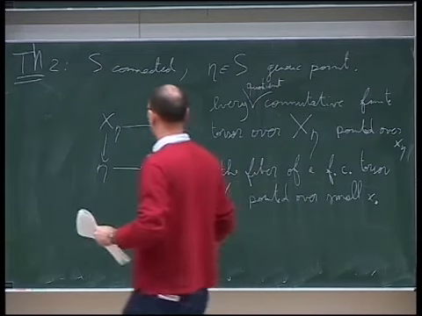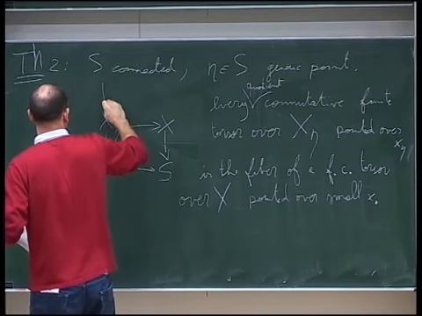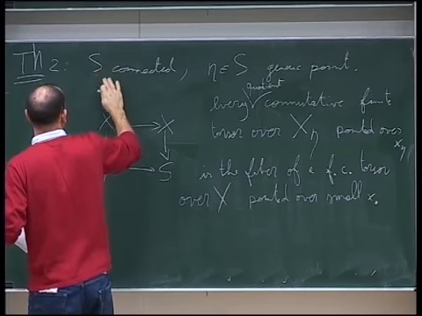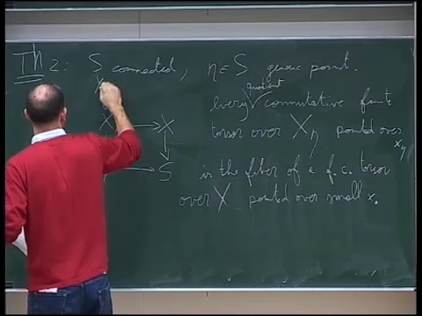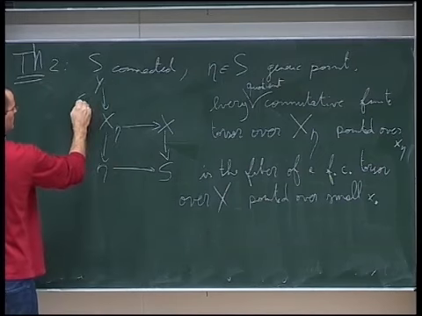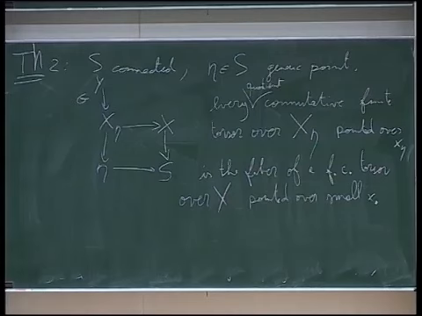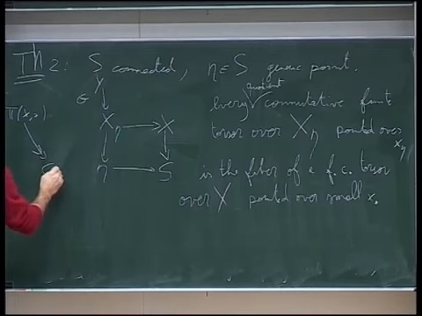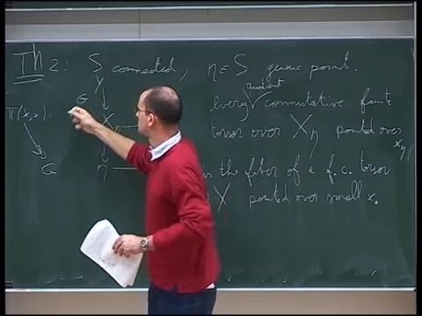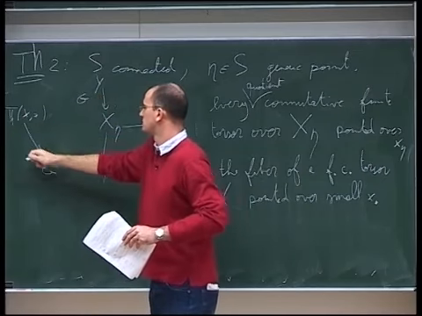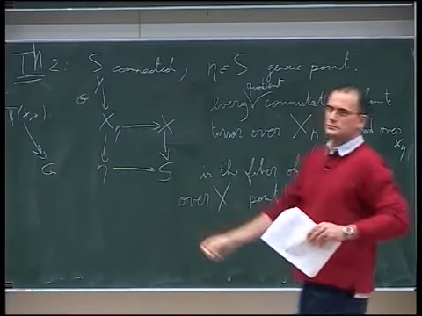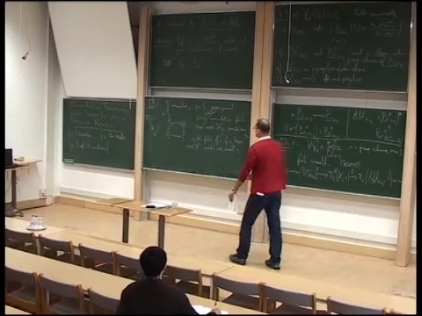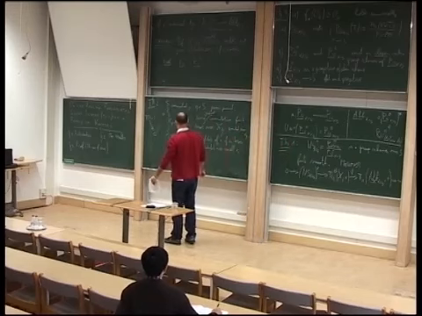What do I mean by quotient? I take this torsor that I call Y, and G is the group acting on it. I mean by quotient that the canonical morphism associated to this torsor from the fundamental group scheme to G is faithfully flat, which is equivalent in this case to saying that it's schematically dominant.